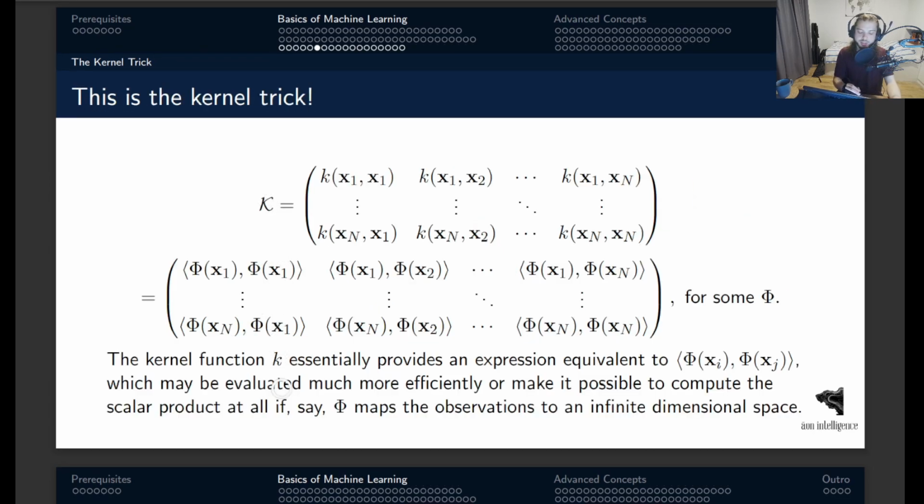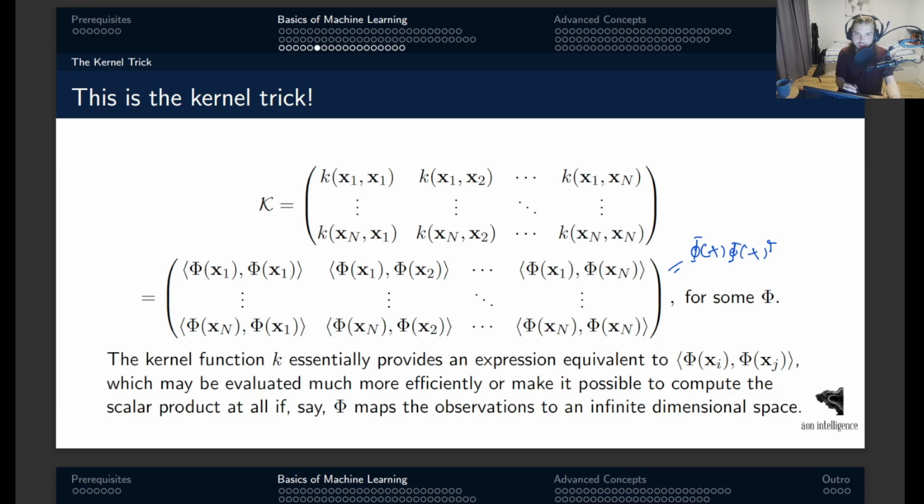So we have this kernel matrix k, and as its entries, it contains these evaluations of the kernel function for all our observations. And if that thing is positive semi-definite, we have that it equals this object, a matrix containing the inner products of feature mapped observations for some phi. And hopefully you will recognize this object as the Gram matrix we were talking about a few minutes ago.